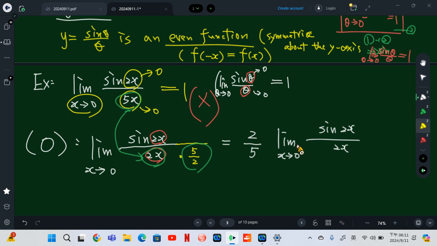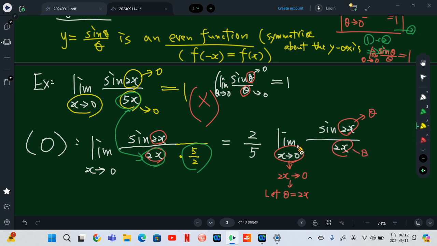Then you can see, if we replace, as x approaches 0, that means 2x also approaches 0. If we let theta equal 2x, then this will become theta, and this will also become theta.